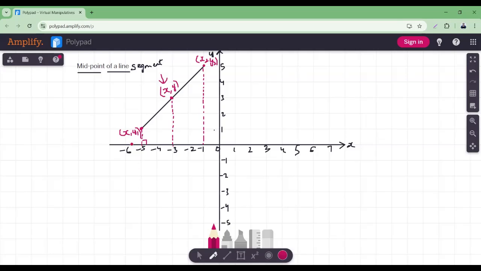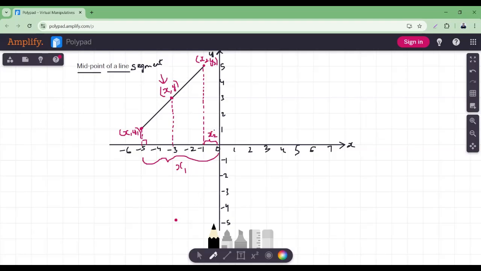The distance from 0 till here is my x1, and if I go for this distance, this is x2.